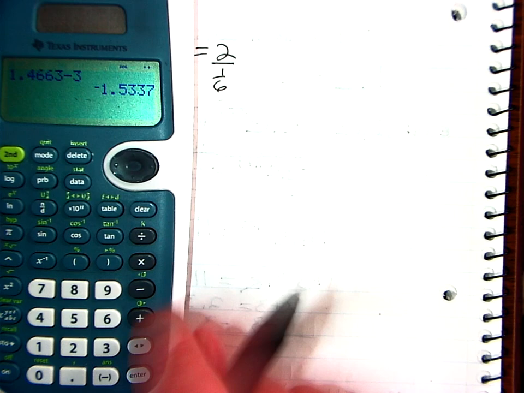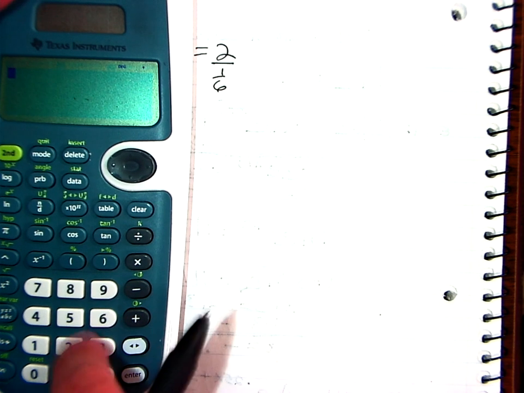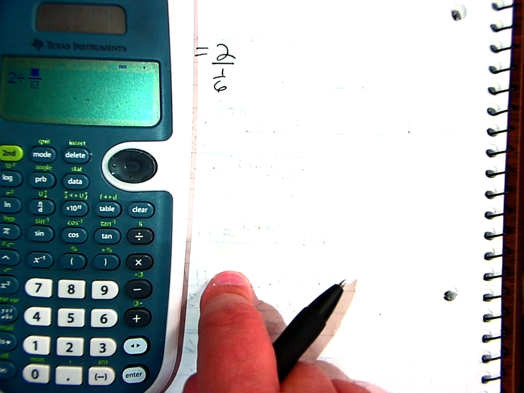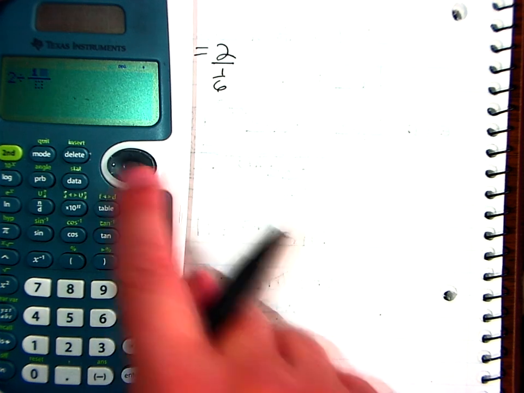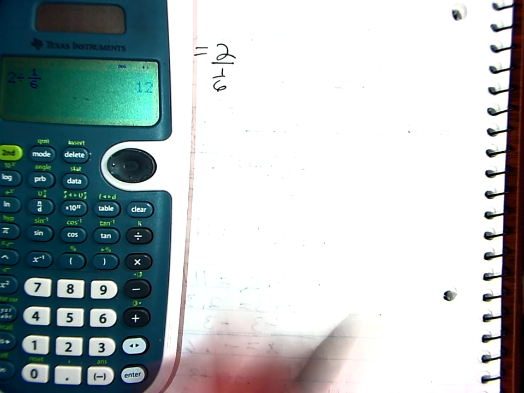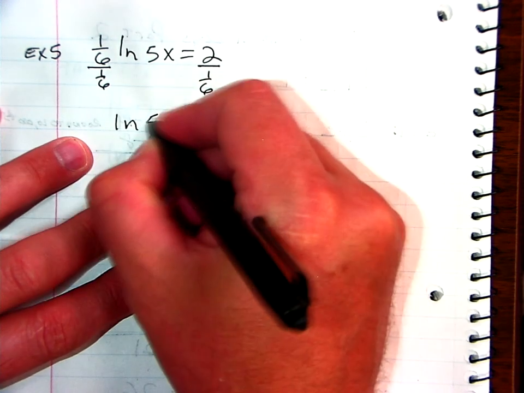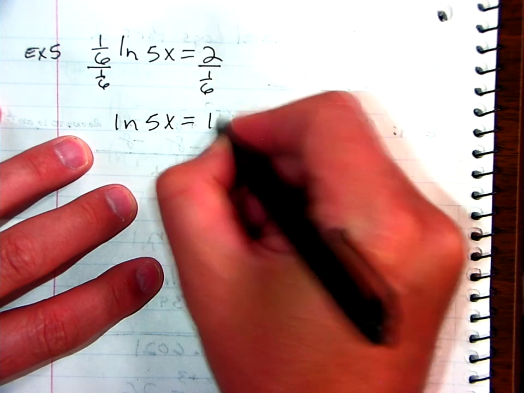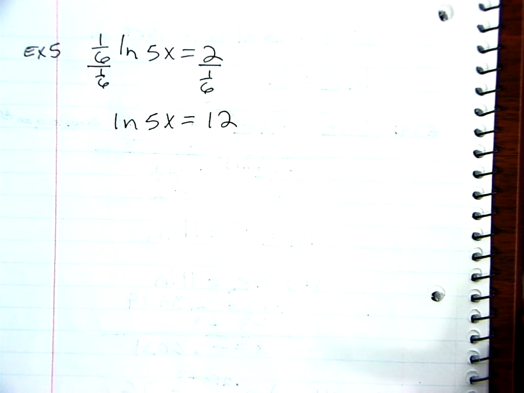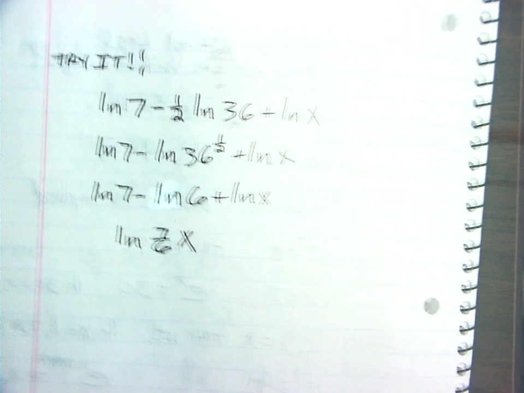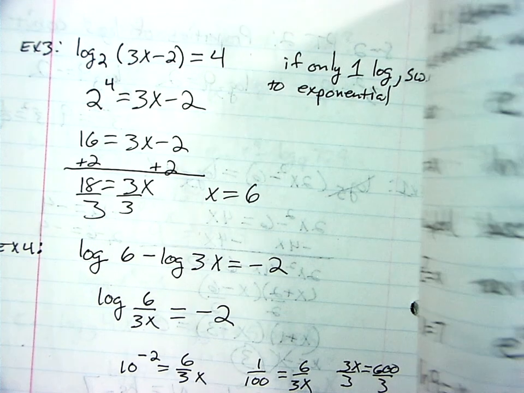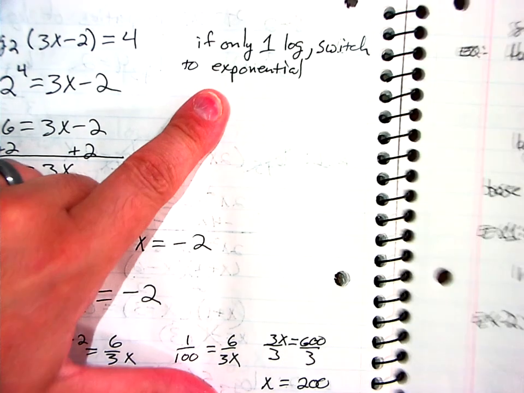If I was you, I'd just do it on the calculator. 2 divided by, I would do n over d, 1/6, and it should be 12, and it is. All right, so in our notes, it said if only one log, switch to exponential.